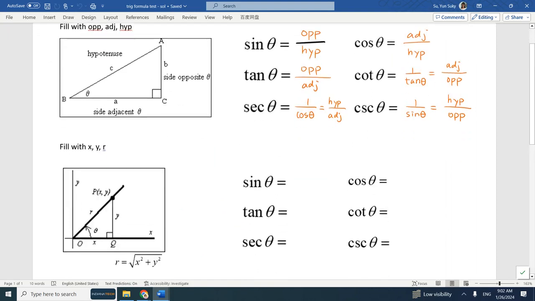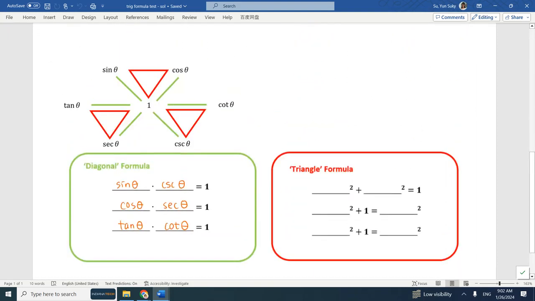And how about the remaining three trig functions? We have this hexagon, right? The way we write down the trig functions is the way we pronounce them: sine, cosine, tangent, cotangent, secant, cosecant.